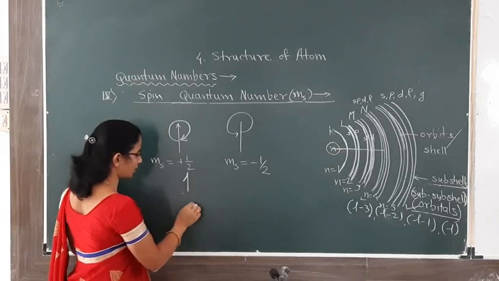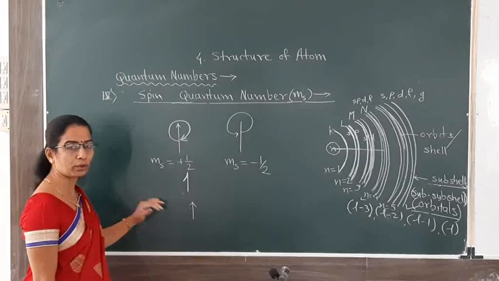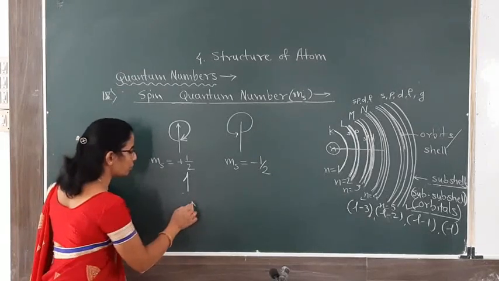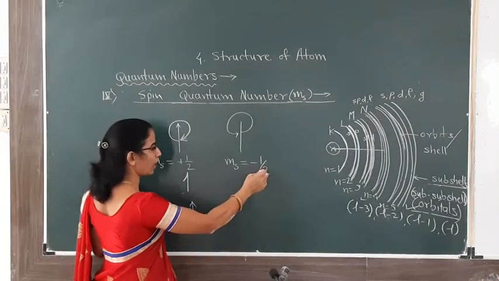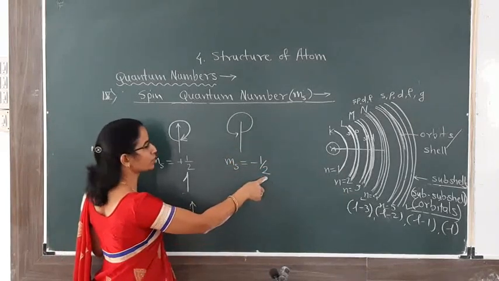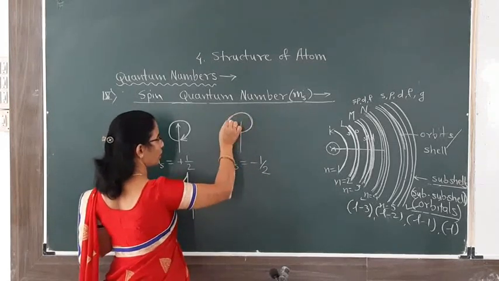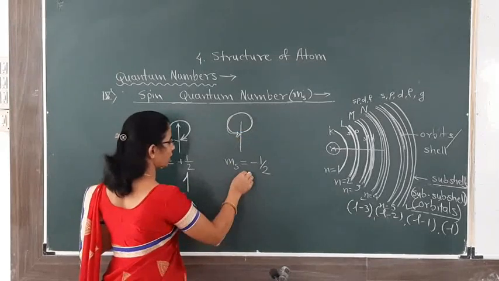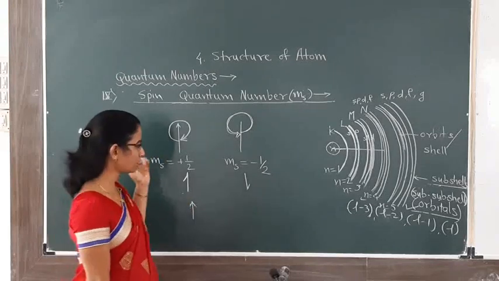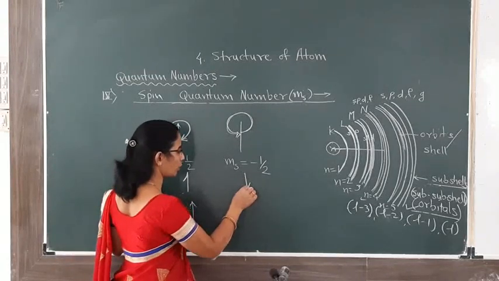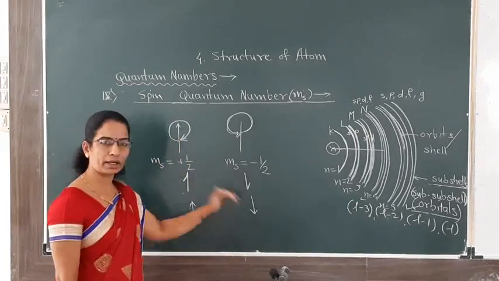In some cases that electron can also be represented like this, a double-headed arrow whose head is pointing in an upward direction. Similarly, if the value of ms is -1/2, it will indicate that the electron is revolving in anti-clockwise direction, and that spin state is also given by using such a down-headed arrow or with the help of such a double down-headed arrow.